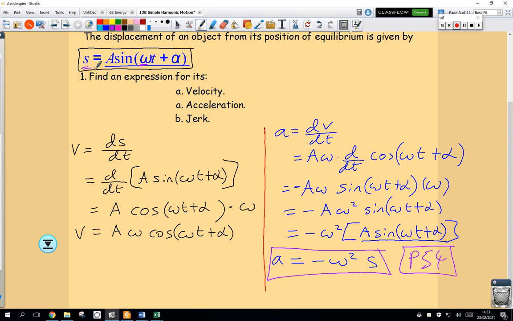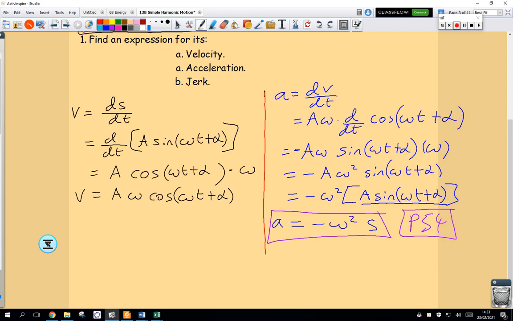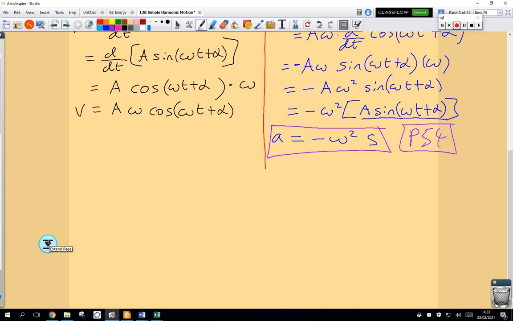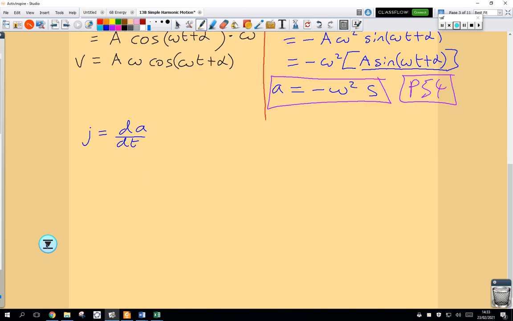Okay, the third thing I'm going to find is jerk. Jerk is just the derivative with respect to time of acceleration. It's the third derivative of position or displacement with respect to time. So I'm taking the derivative of this function up here. I'm going to factor out my negative a omega squared because that's just a constant, and take the derivative with respect to t of the sine part.